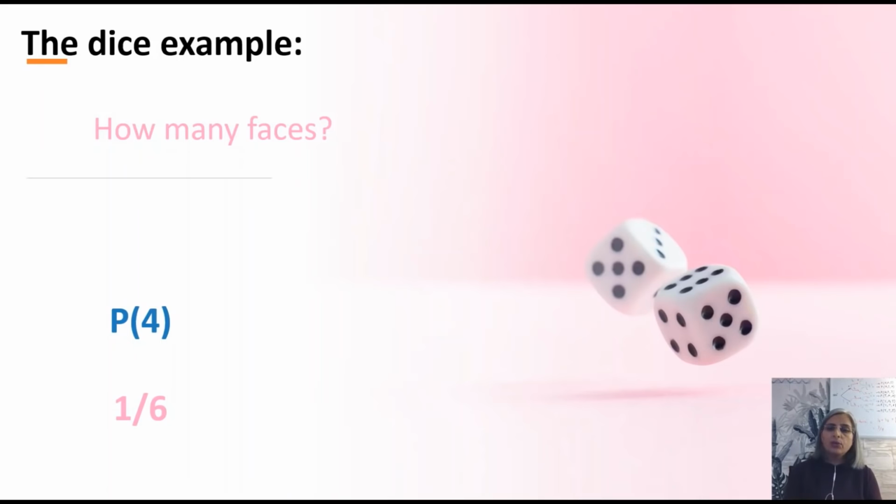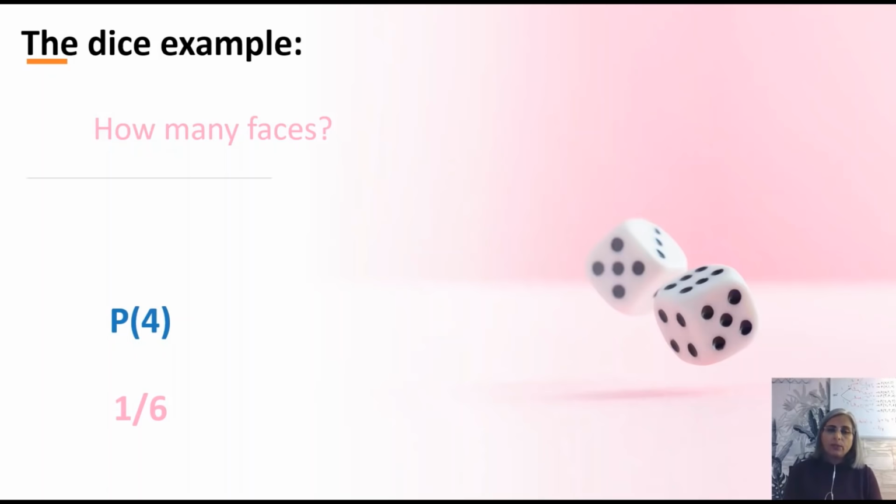Now let's look at the example of a dice. If you throw a single dice, how many faces do you expect to appear? Which means the number of all the possible outcomes that can appear. I'm sure you said 6, because there are 6 faces of a dice. So if I want to measure the probability that a 4 appears, what do you guess?